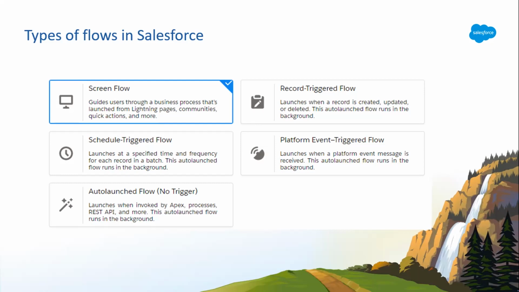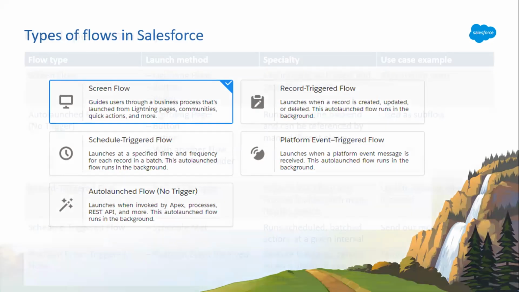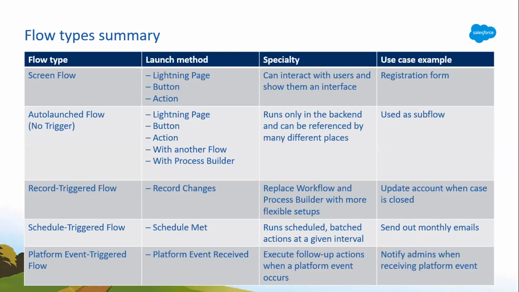We'll see some more details about the flow types. Here I have given a summary. The screen flow, as I mentioned, is not an auto launch flow. To trigger it, we have to use a Lightning page, a button, or an action.